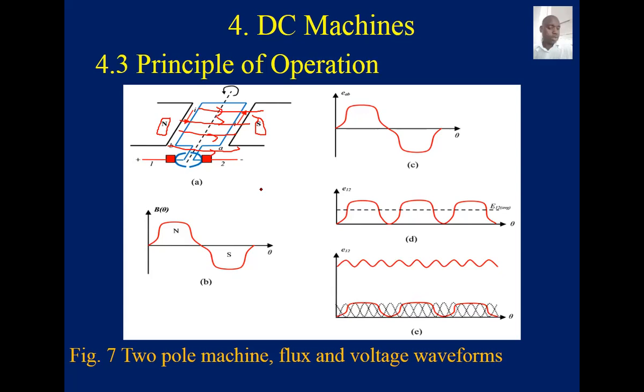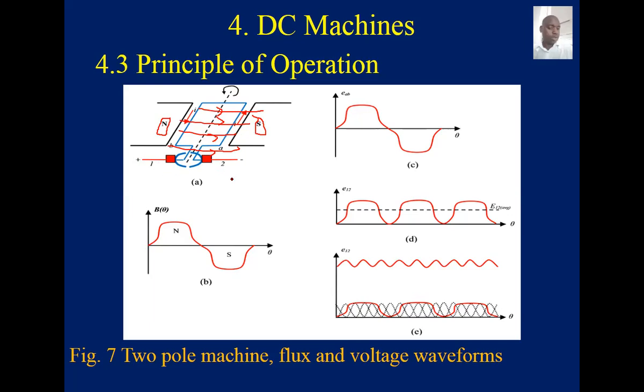Then we have conductors which should be able to move in the magnetic field. So what are we looking at now? We are now saying when you cause motion, that means when you rotate the conductors, they cut the magnetic field and you have an EMF generated between 1 and 2.